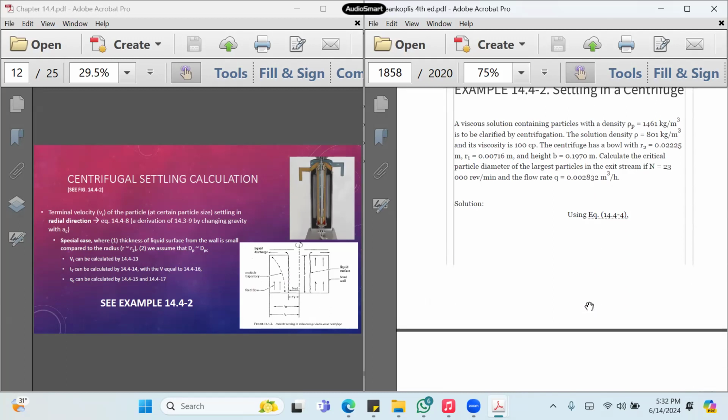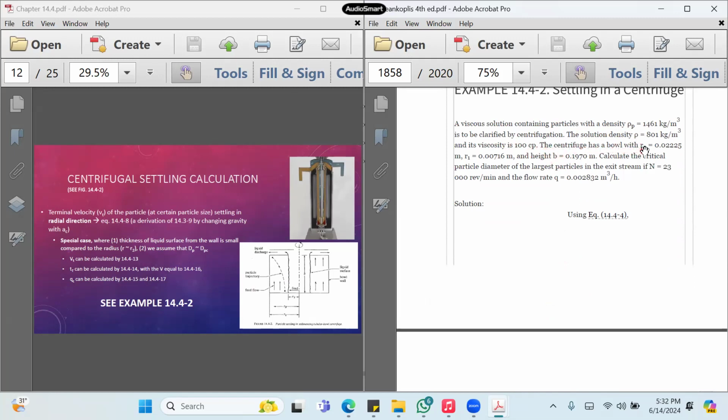Okay, let's see. We have a viscous solution containing particles. This is the density of the particle. They want to be clarified by centrifugation. We also have the solution density here and the viscosity of the solution here.